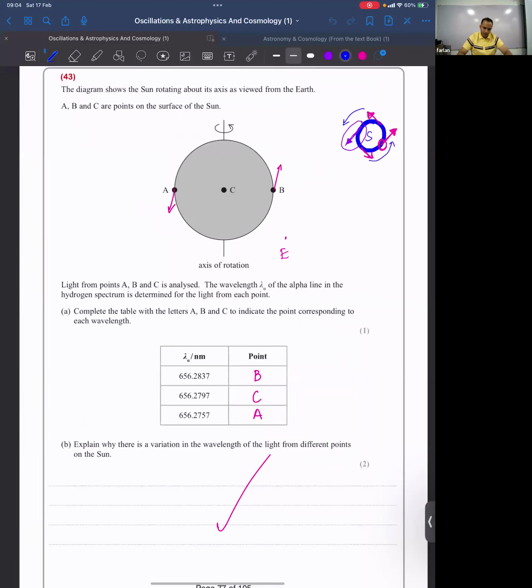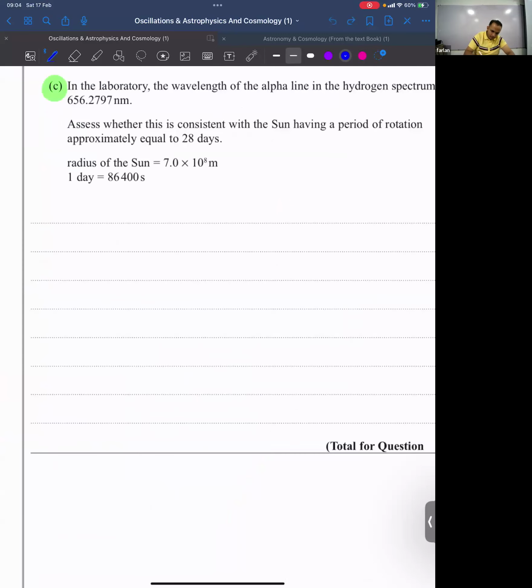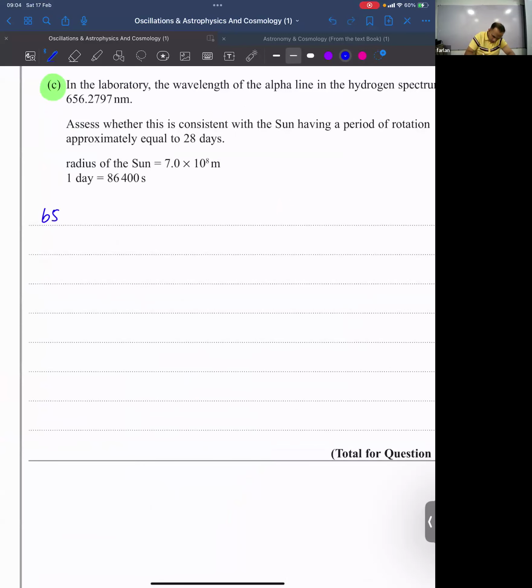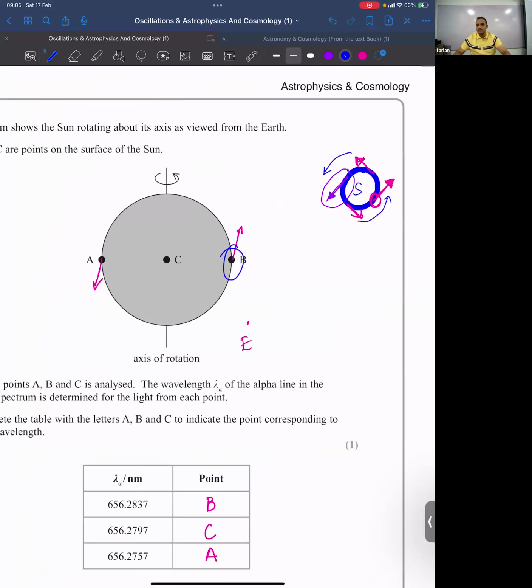So now if I take point B's wavelength, 656.2837 nanometers, that is the wavelength at which this point of the sun is moving away from us.